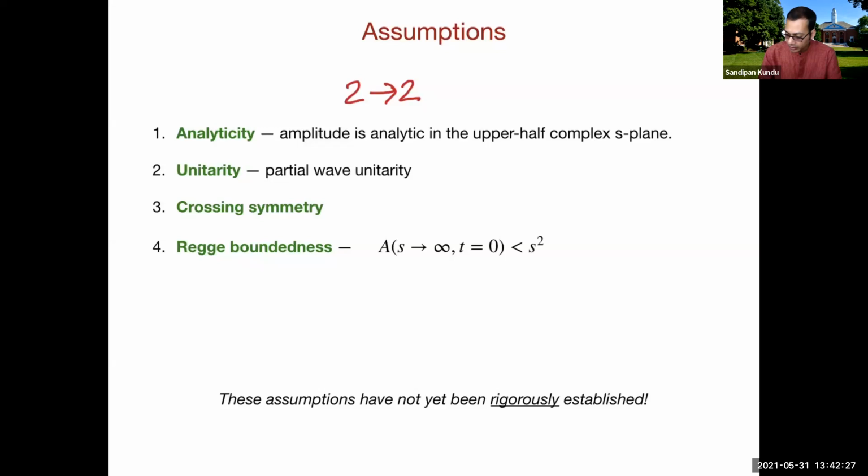This condition is very important for the derivation of any such bound. It is assumed that the large S limit of the forward amplitude cannot grow faster than S squared. So this is a key assumption that's required to derive any such bound.